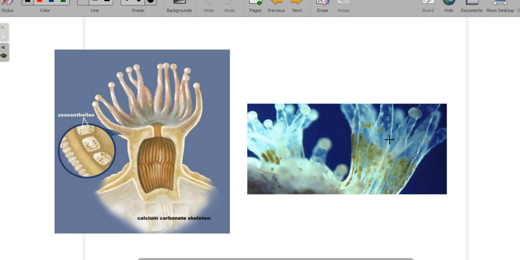All right, now you can see this one here. This is a clear coral, but you can actually see into it, and you can see that it's green. That indicates that the zooxanthellae is actually photosynthesizing. It's using the sunlight energy that's coming from above, and it's photosynthesizing using that energy and producing sugar.